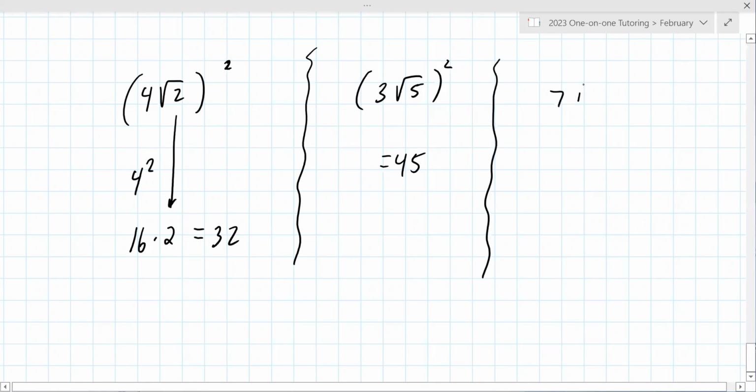Let's try one more here. How about 7 square root 3 squared? 7 square root of 3.